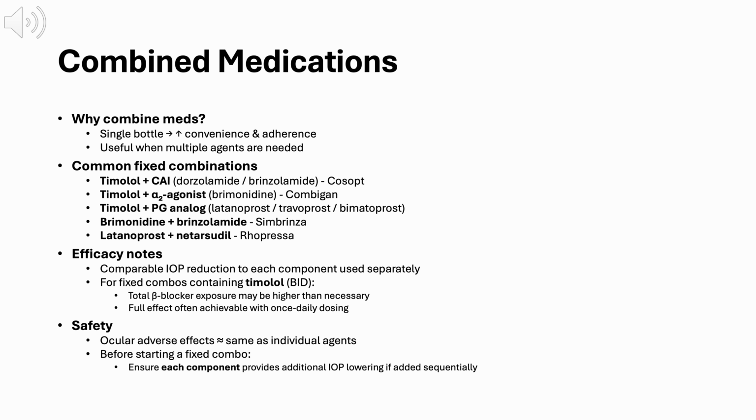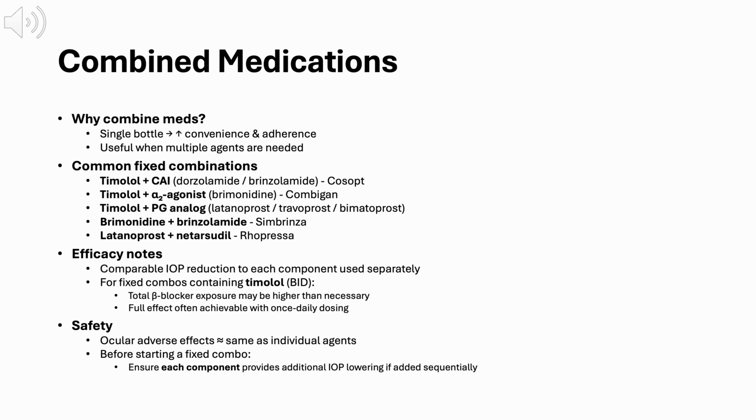The main advantage of combination drops is convenience. A single bottle can replace 2 separate agents, improving compliance and reducing preservative exposure. They're especially helpful when a patient already needs multiple medications to reach target IOP.